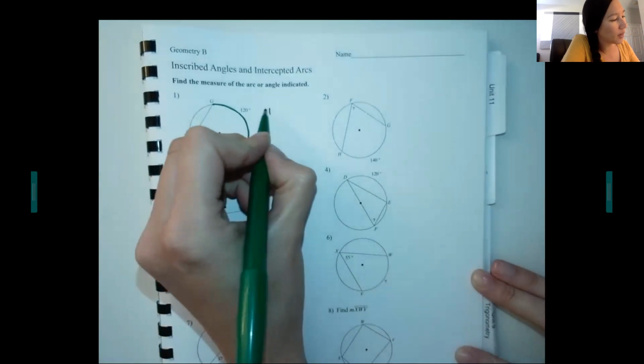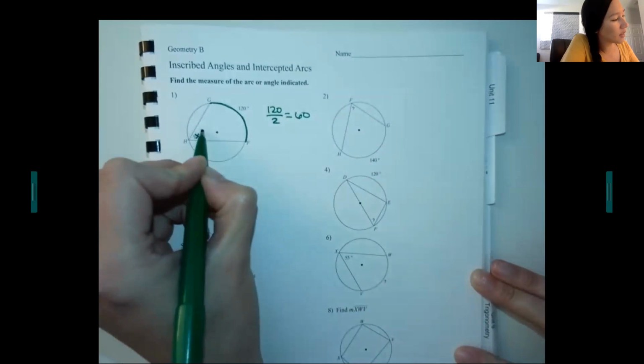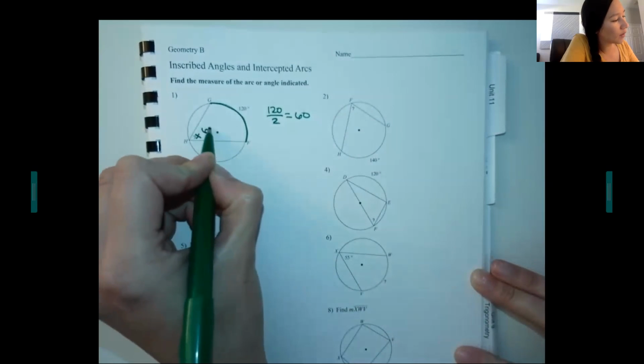So we take 120 and we divide it by 2, which means this angle is 60 degrees.